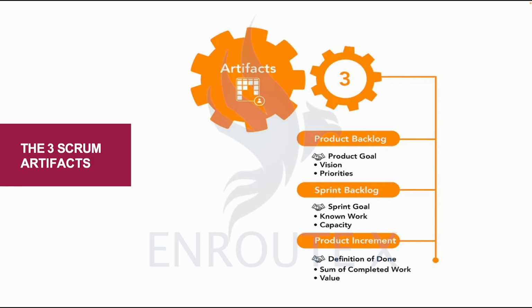We've gone through the product backlog for some time. In the first module, we discussed briefly about this, so we'll take some time to dig deeper into what this is all about. So the product backlog itself talks about the vision and the priorities. The product backlog contains all the work items needed to complete the product.